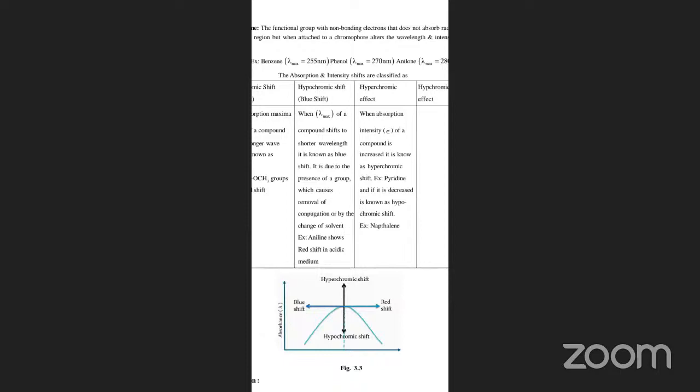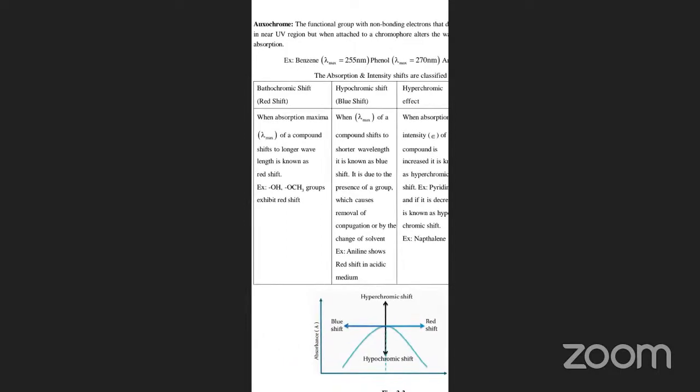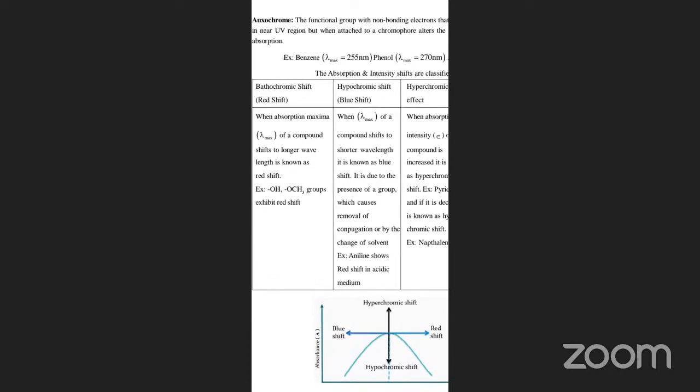Bathochromic shift, red shift: when the absorption lambda maximum of a compound shifts to a longer wavelength, it is known as red shift. That is nothing but the OCH3 group exhibiting red shift. Next, hypsochromic shift, blue shift: when lambda maximum of a compound shifts to a shorter wavelength, it is known as blue shift.